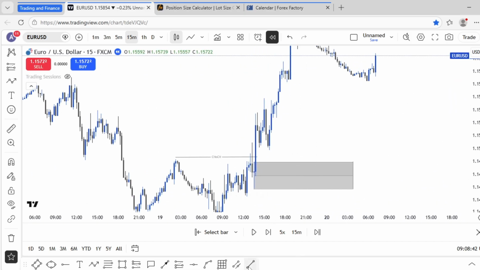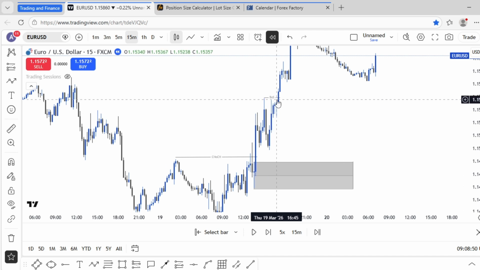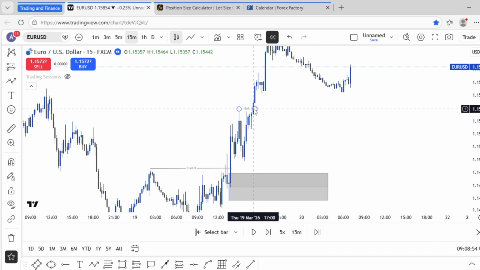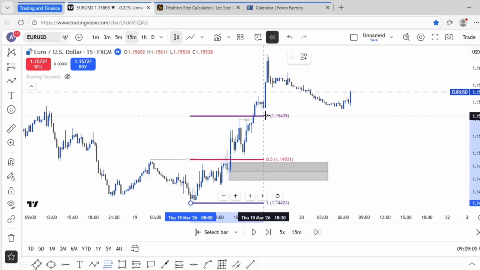Even prior to Friday, there was another BOS, break of structure, on the 15 minutes. Like I always mark my structure, but this break of structure I don't consider valid, because it is not from a discount area.